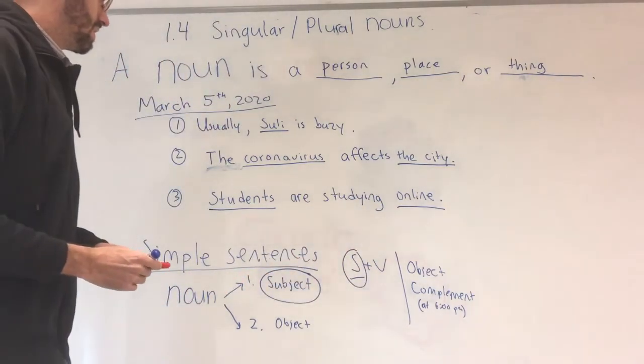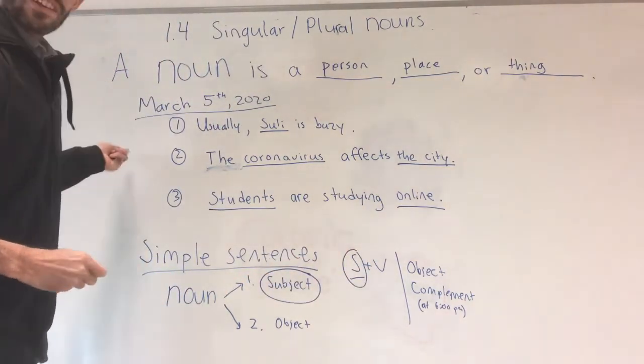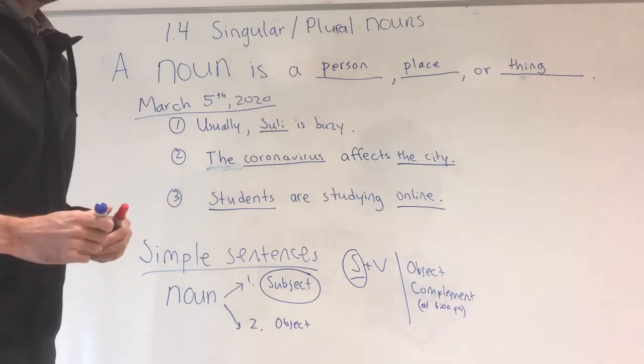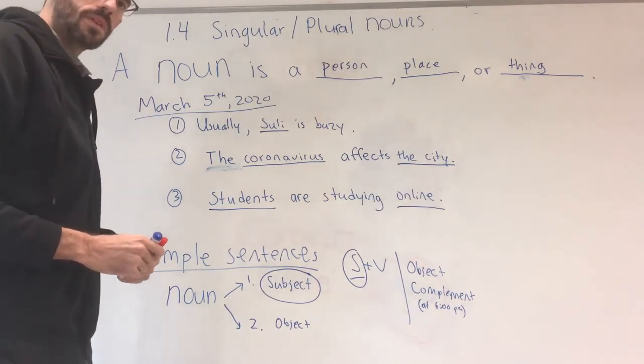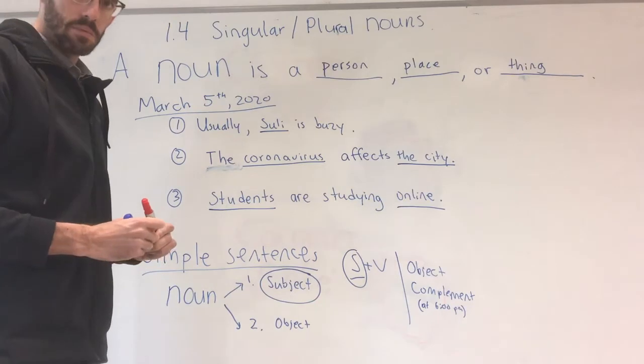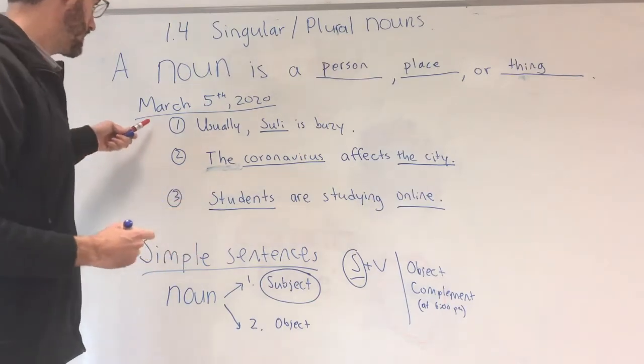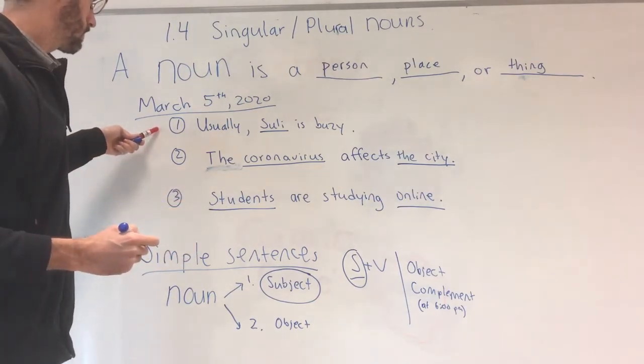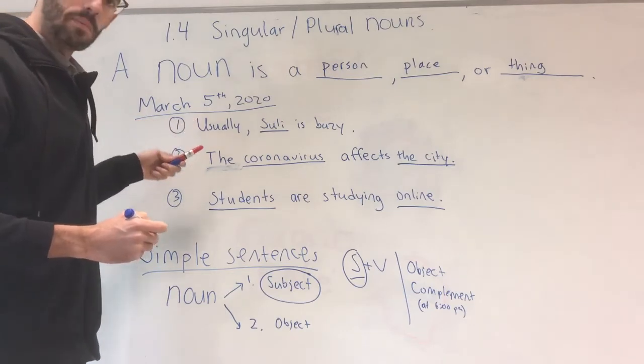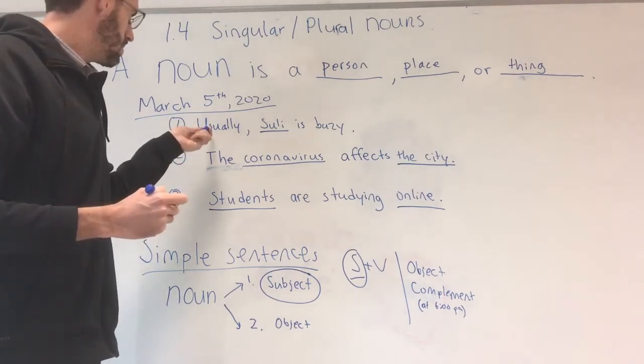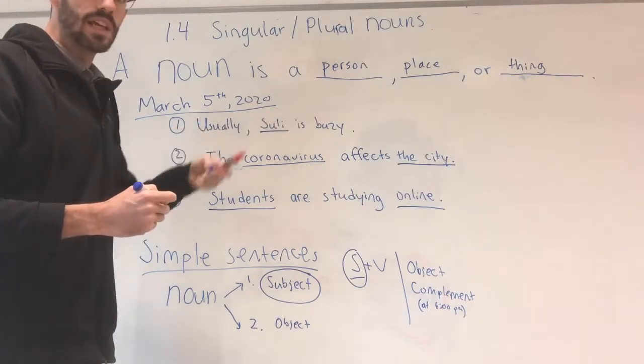So, with these 3 sentences, can we circle the subject? Circle the noun that's the subject. Number 1. Well, remember, I read the sentence, usually Suli is busy.